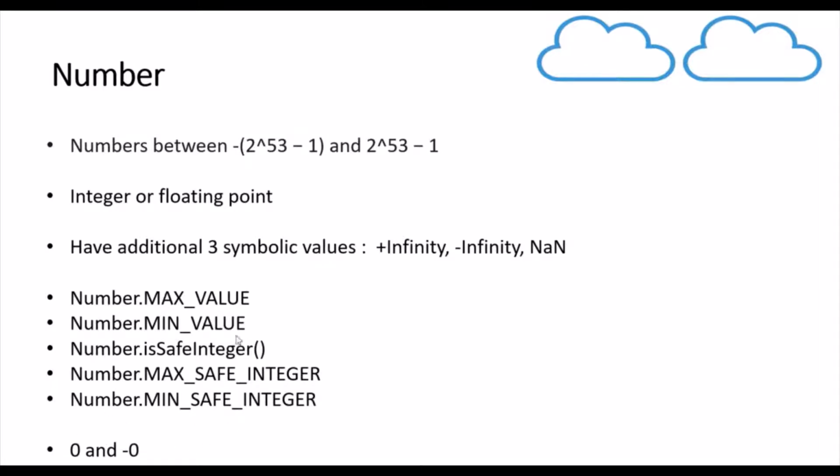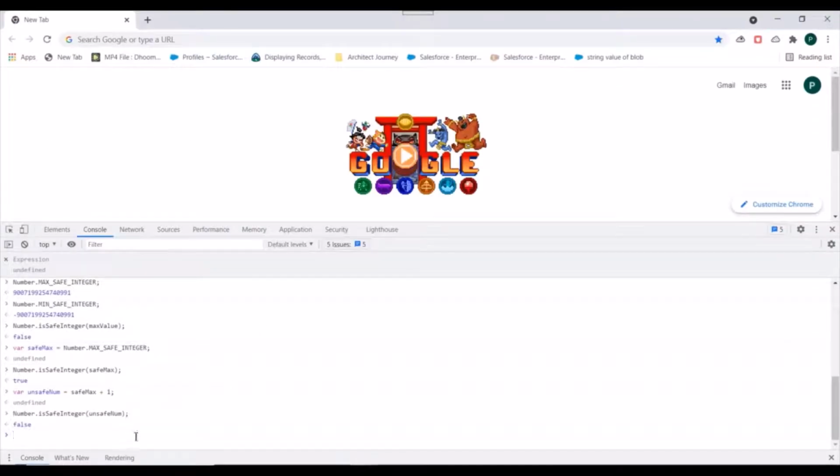Even though we have two zeros, both of them represent a false value in JavaScript. Both are equal to each other: 0 equals negative 0 results in true, and 0 triple equals negative 0 also returns true.